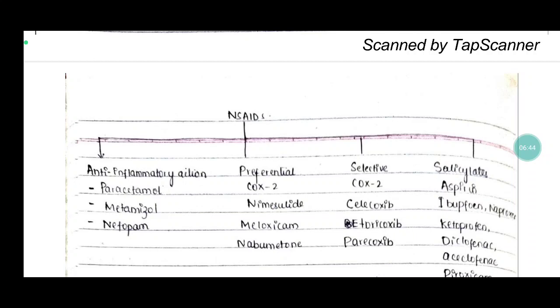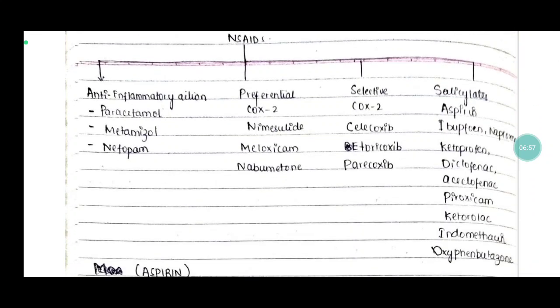In that, paracetamol, metamizole, and nefopam are the drugs used under anti-inflammatory action, whereas in preferential COX-2 inhibitors, nimesulide, meloxicam, and nabumetone are the drugs used. The selective COX-2 inhibitors will be celecoxib, etoricoxib, and parecoxib. These are the drugs, and lastly the salicylates will be aspirin, ibuprofen.